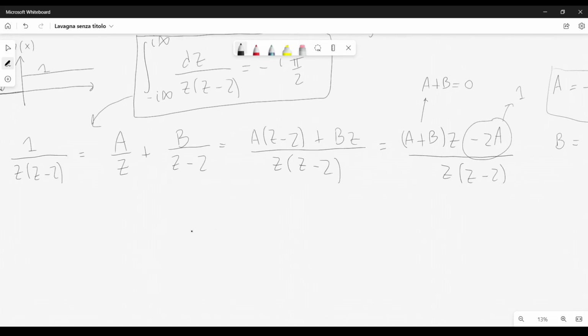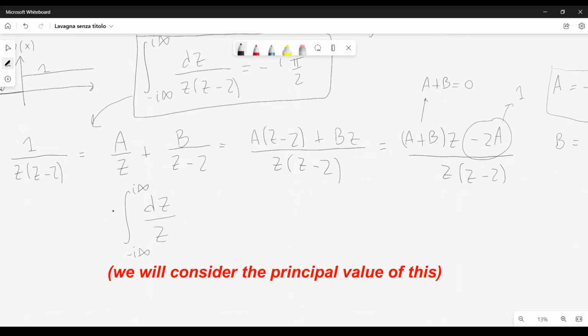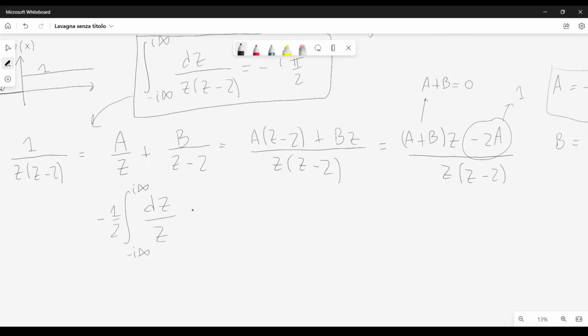And therefore, the integral can be split into two different integrals: the integral of dz over z, integrated from minus i infinity to i infinity, which we multiply by minus 1/2, and we add 1/2 times the integral from minus i infinity to i infinity of dz over (z minus 2).